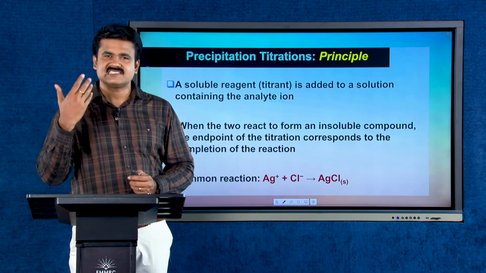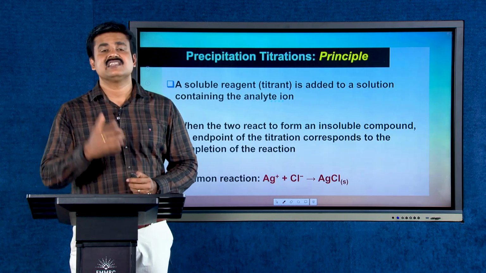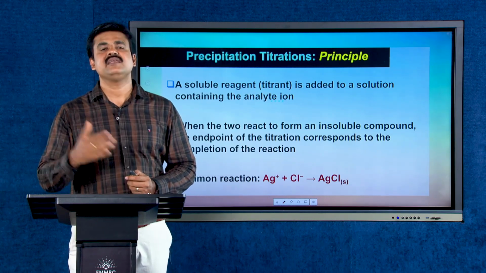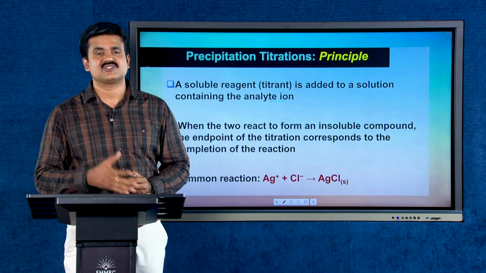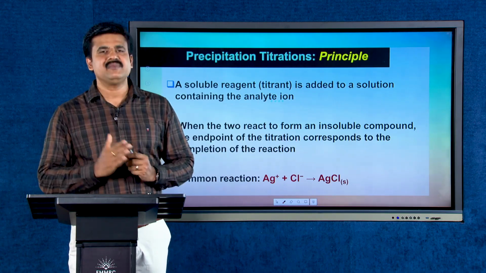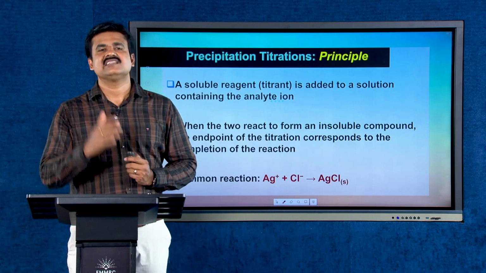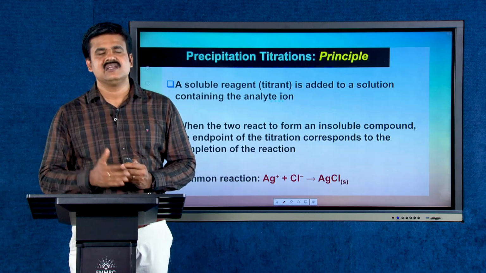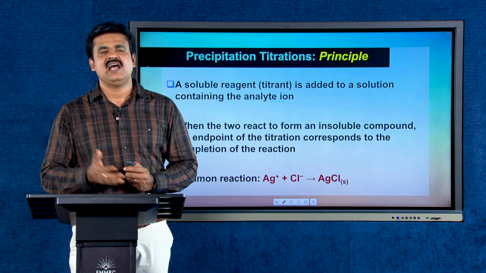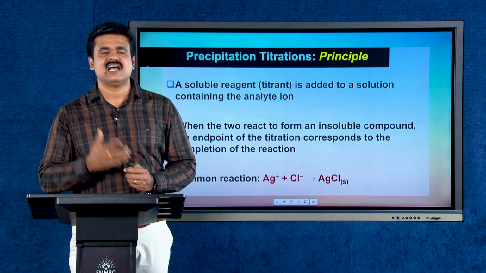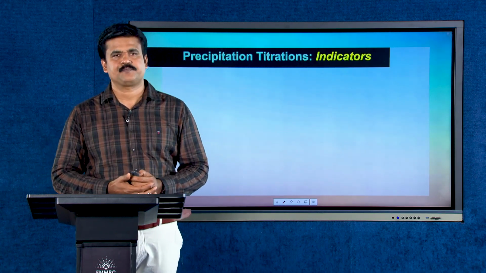And the endpoint, which indicates the completion of the reaction, can be identified with the help of a category of indicators called adsorption indicators. In a nutshell, the precipitation titration involves the formation of a precipitate between two reactants, out of which one is the titrant and the other is the analyte.